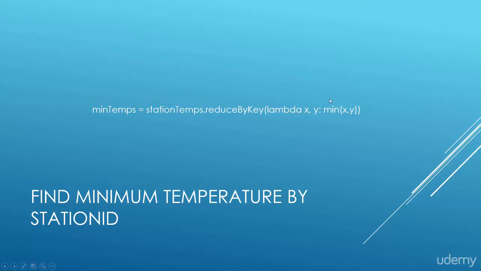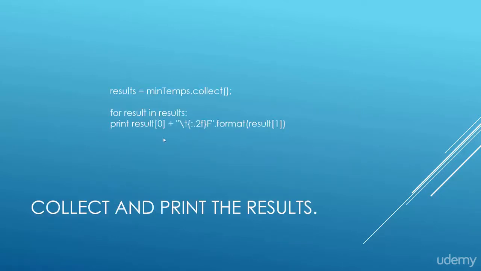And as we keep feeding more and more observations for each weather station in there, only the smallest value, the minimum value, will survive in the end. So at the end, we have our final result. We have a min temps RDD that's going to be reduced by key. So all we have is 1 entry for every weather station ID that contains the minimum temperature observed throughout the entire year for each weather station.